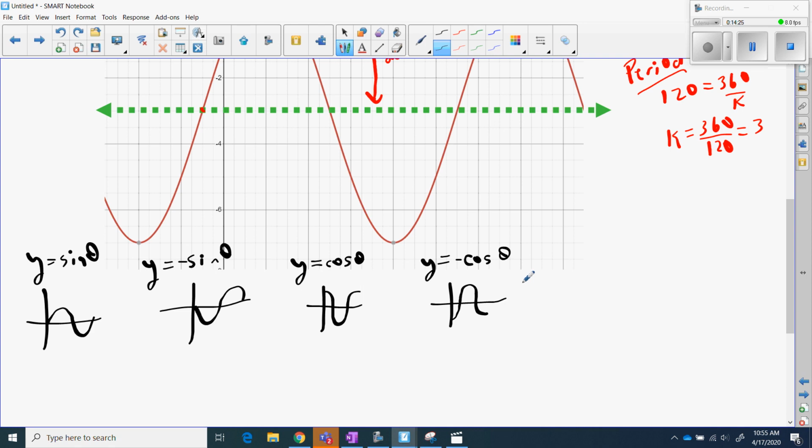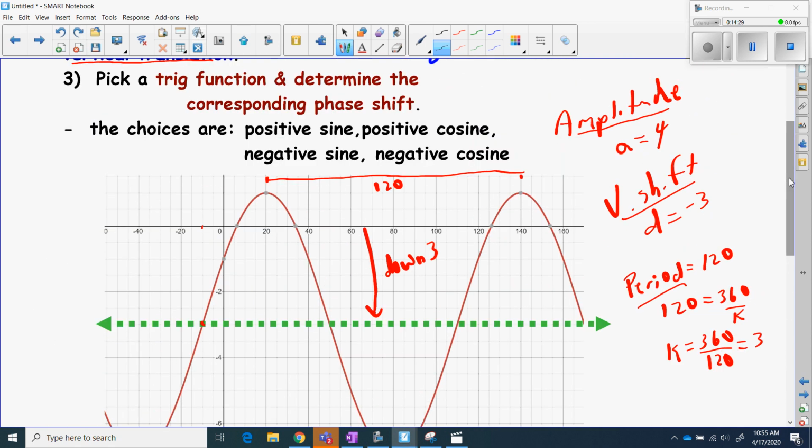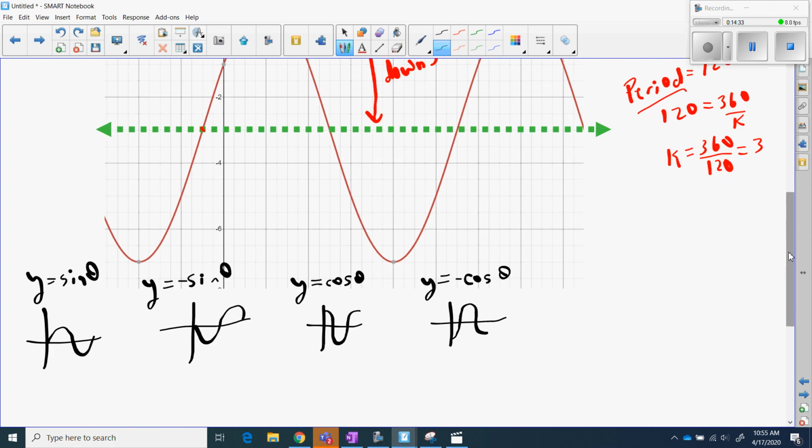Now, the thing with a trig function is, unless you're told specifically to make it a certain type of function, you always have the 4 choices. You can pick whichever one you want. And everybody could have their own choice. So there's nothing to say that my answer would necessarily be the same as the one that you choose. And you'll also see that you can pick sometimes more than one phase shift.